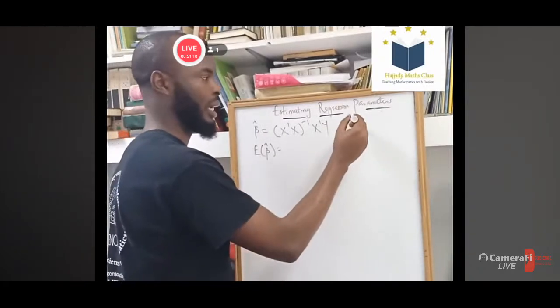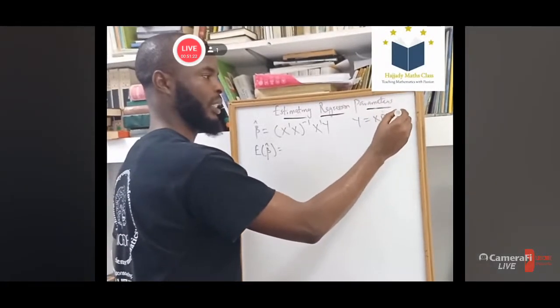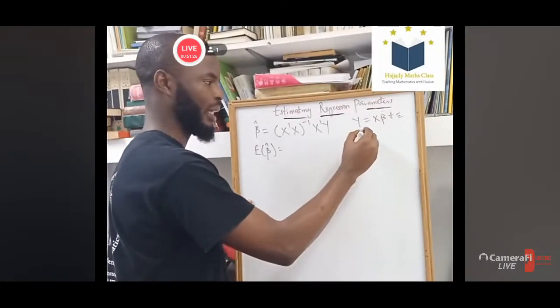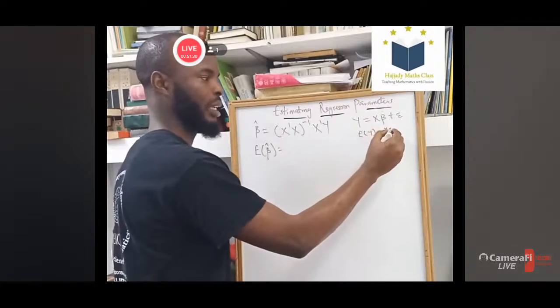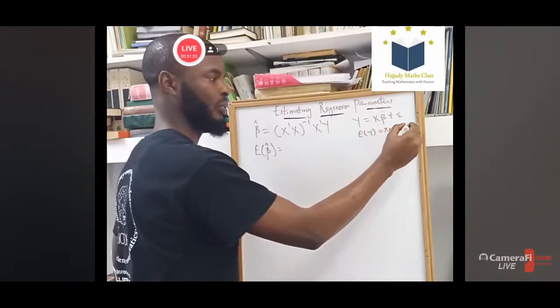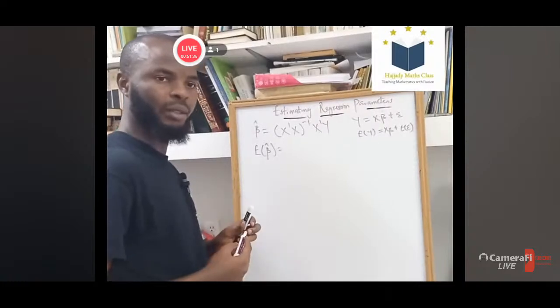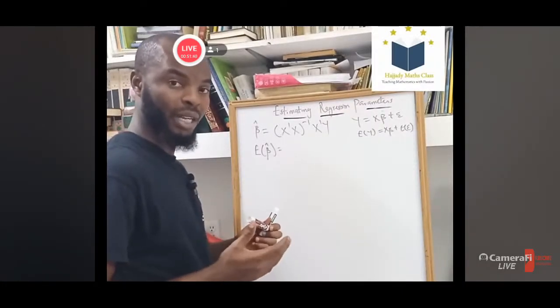Don't forget that we have y equals x beta plus epsilon. The expectation of y is going to be x beta plus the expectation of epsilon. Recall that our epsilon follows a normal distribution with mean 0 and variance sigma squared.